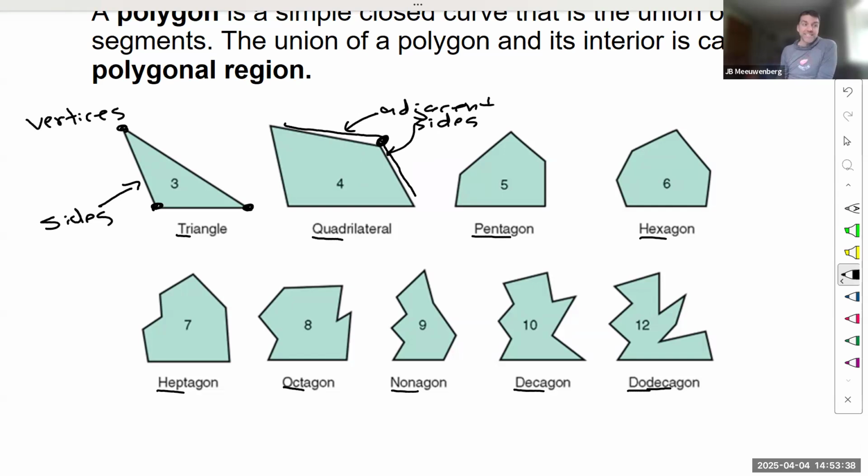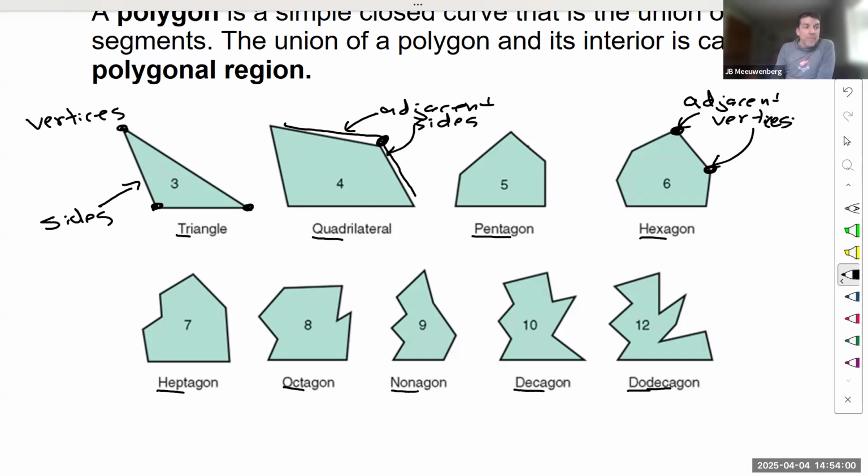And two vertices are considered adjacent if they share a common side. So these are called adjacent vertices. Because they both share that side.